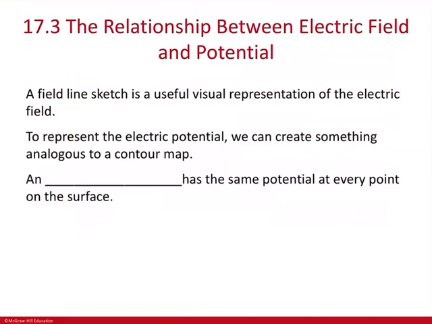Okay, so the relationship between electric field and potential. We did electric field in chapter 16, so now we're going to see the relationship between the electric field and potential. We're going to do an example here in a minute of basically how to draw an electric field and potential sketch.